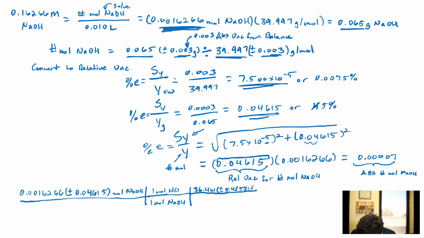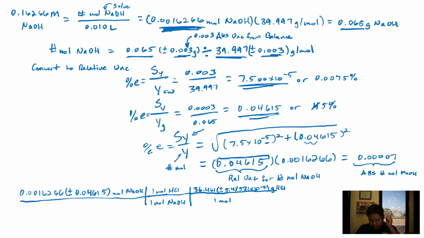Times 10 to the -5. Grams of HCl. And that's all over 1 mole of HCl.